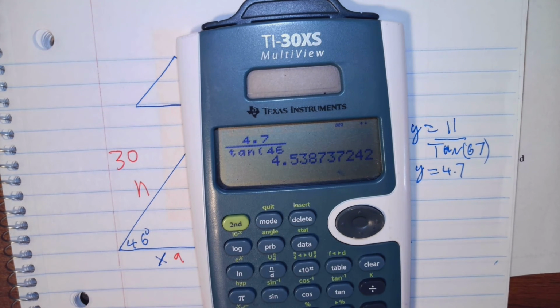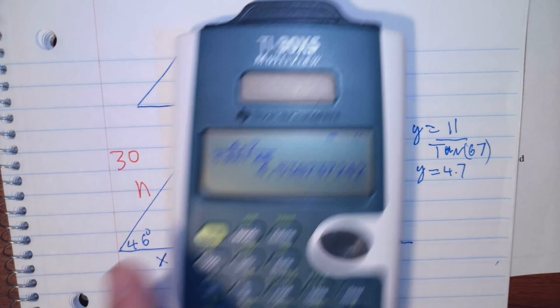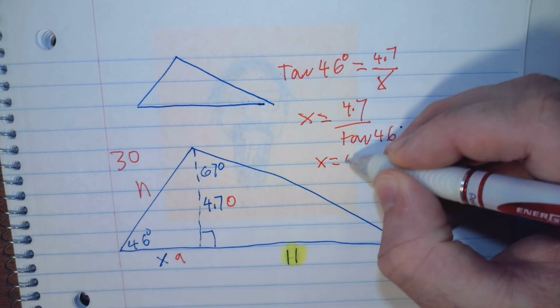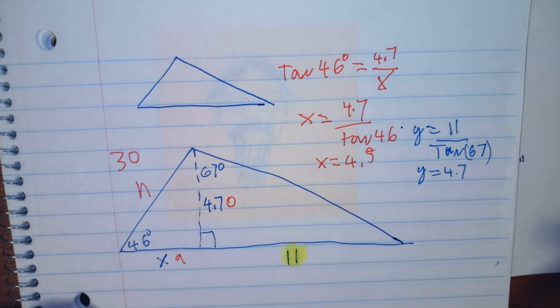And we're going to get 4.53, so that's just a 4.5. X equals 4.5. All right, now we have all we need.